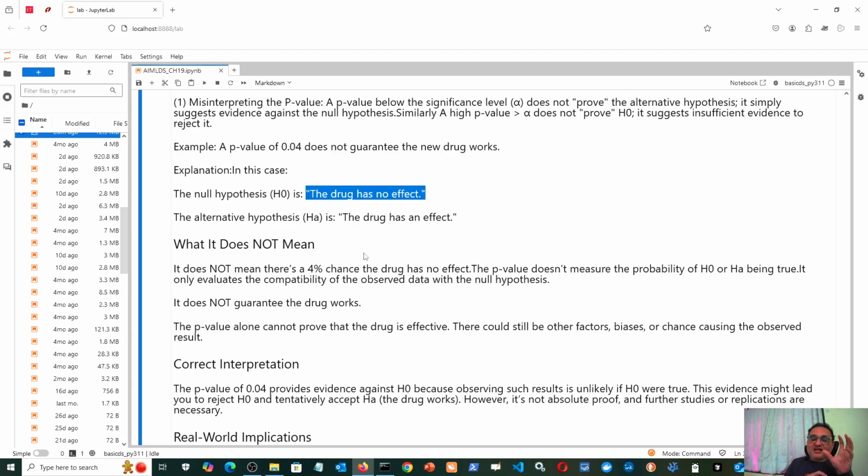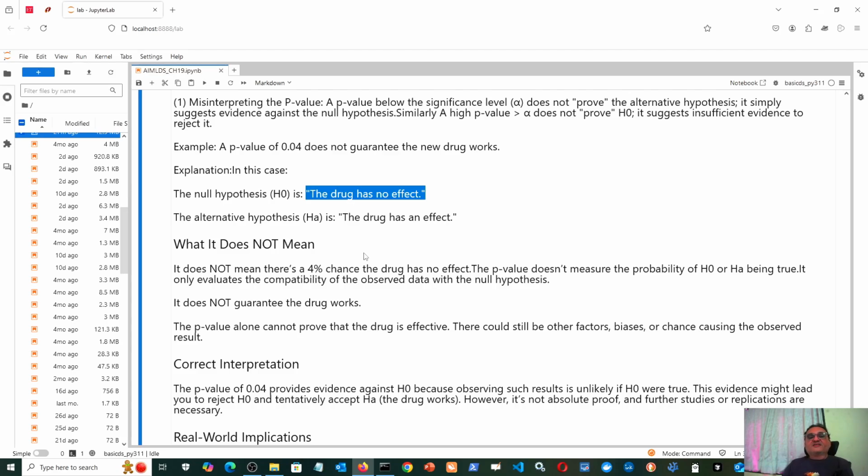Suppose it is a drug for hypertension, then you will make two samples of hypertension patients, high blood pressure patients. One sample will be given this new drug which is to be introduced, and the second sample will be given a placebo.